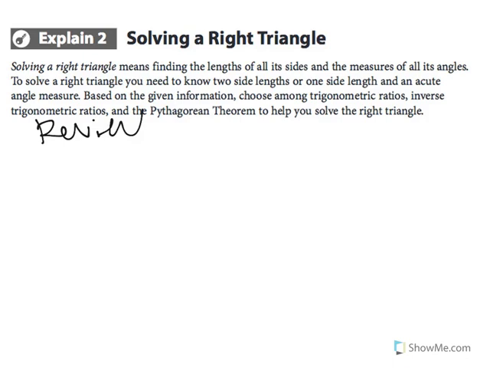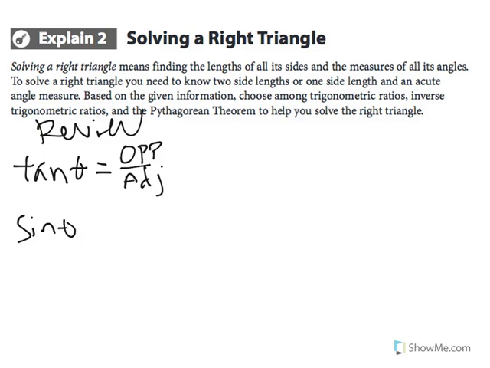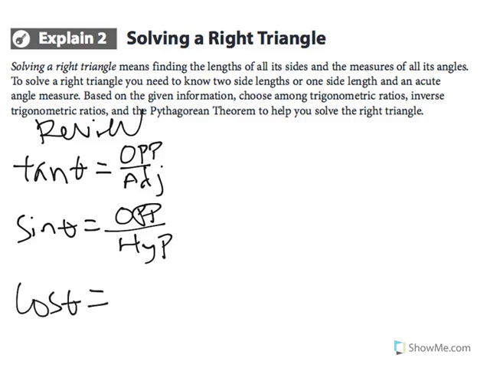The tangent of an angle is opposite over adjacent, and the sine of an angle is opposite over the hypotenuse, and the cosine of an angle is adjacent over the hypotenuse.